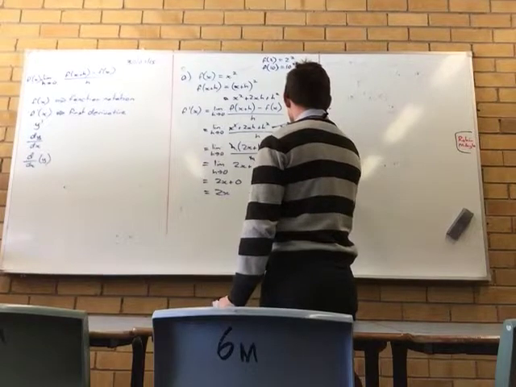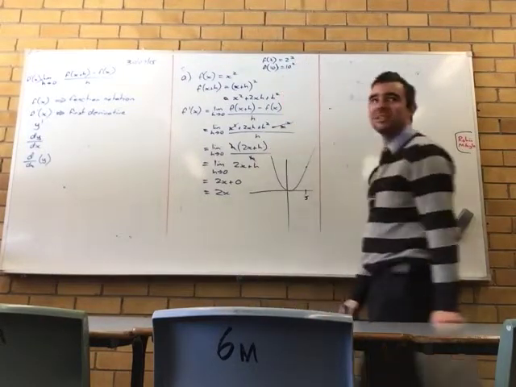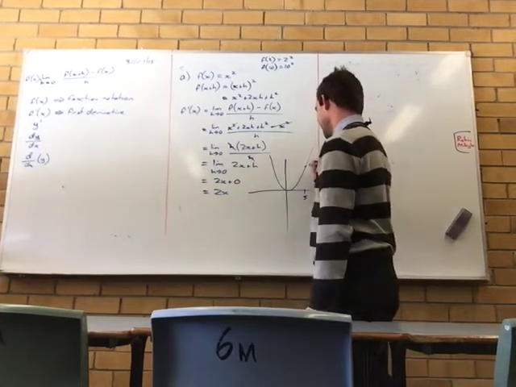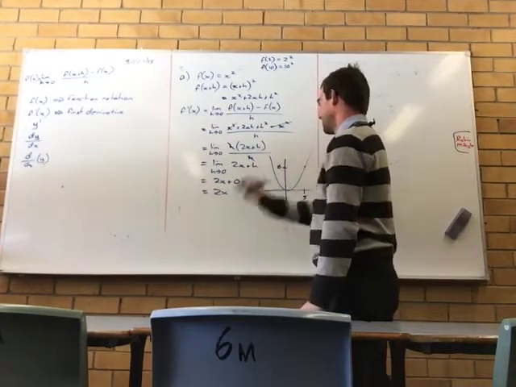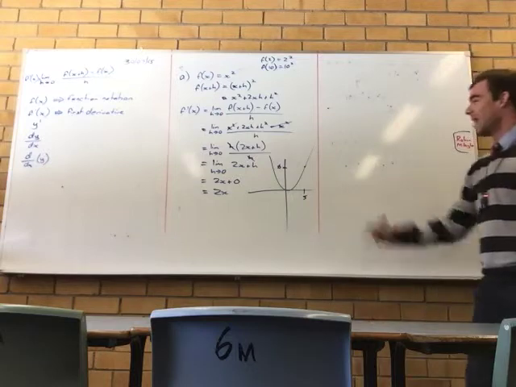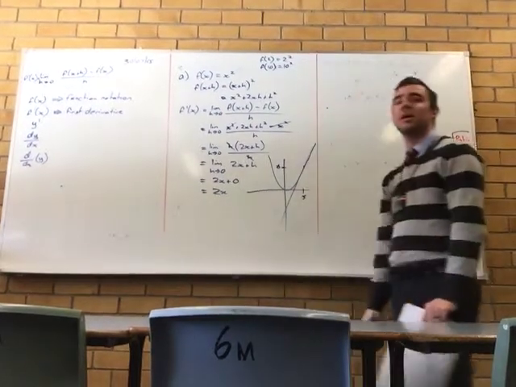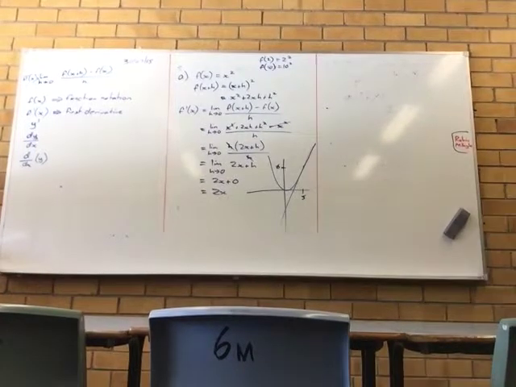I'll take the x value 5, the y value is 25. If I were to draw the tangent to that point at x equals 5 on the parabola, what is the gradient of that tangent? 10? 5?